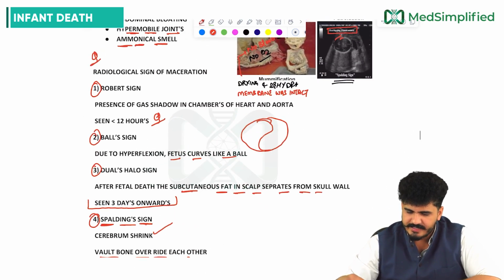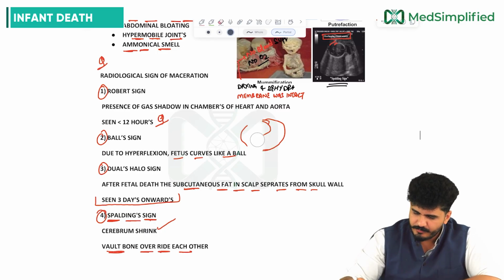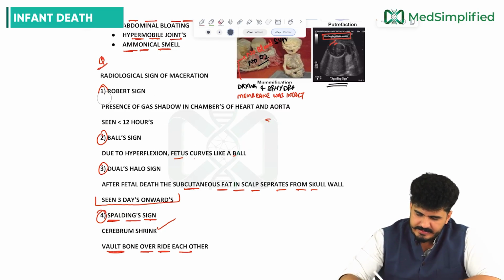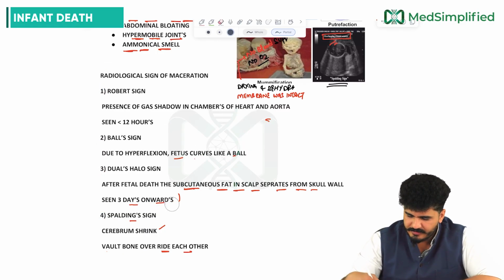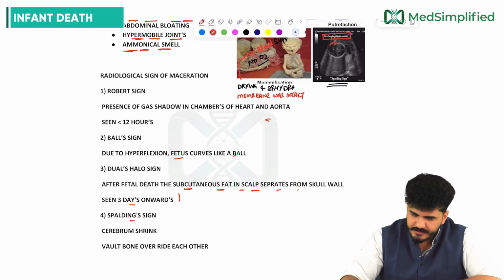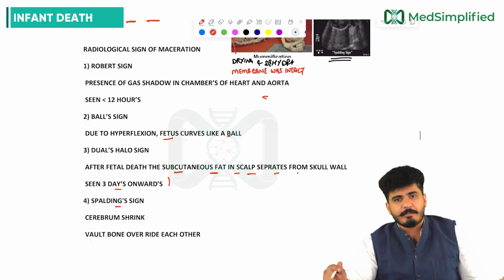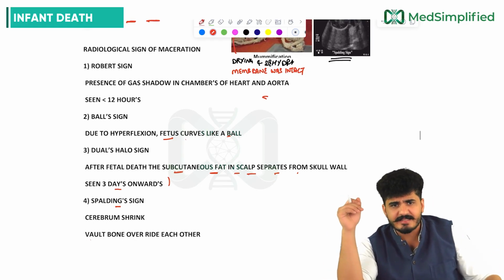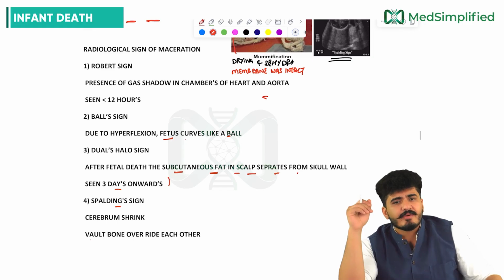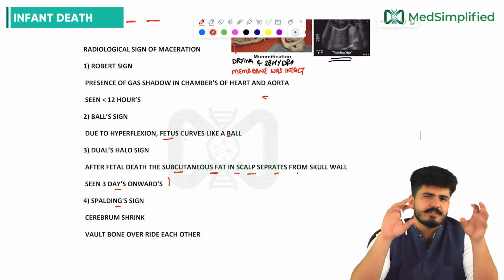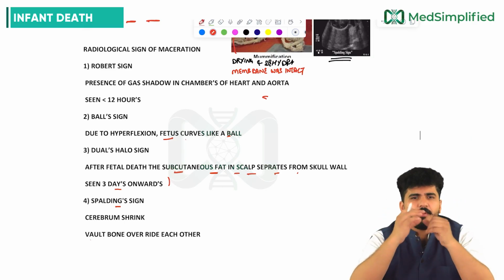So again, I want to repeat all the signs with all of you. Let me erase this and learn along with me, my dear friends. First, the Robert sign: gas shadow in the chambers of the heart and aorta, visible in less than 12 hours. Then the Ball sign: due to hyperflexion, the fetus curves like a ball.